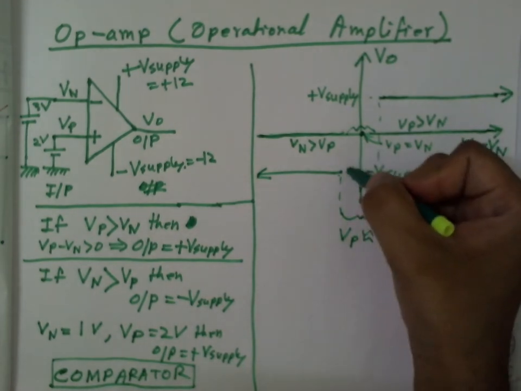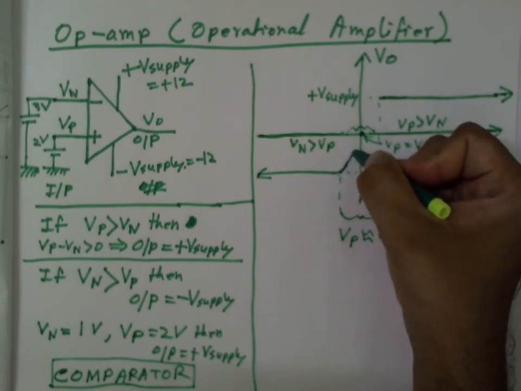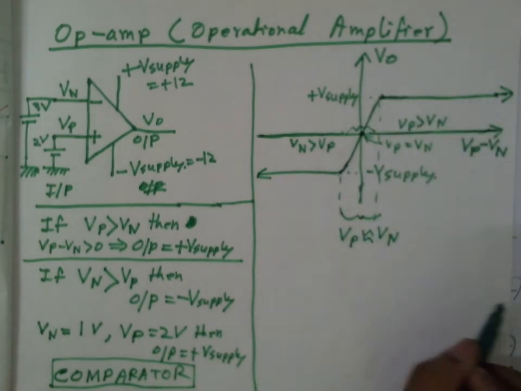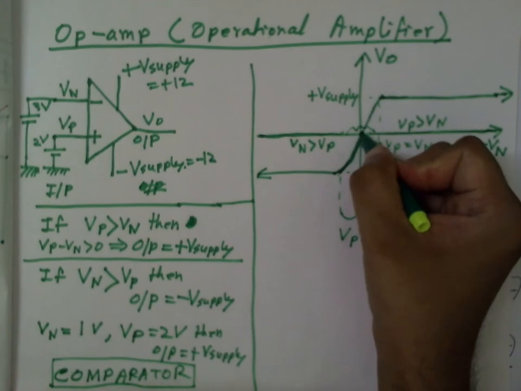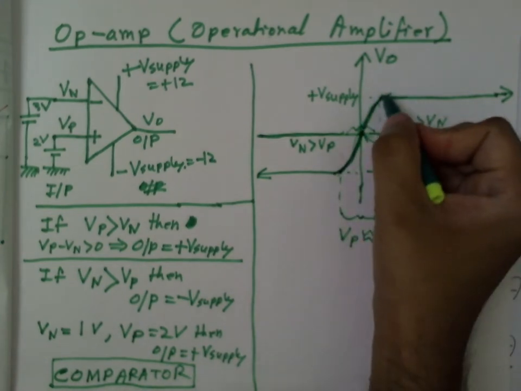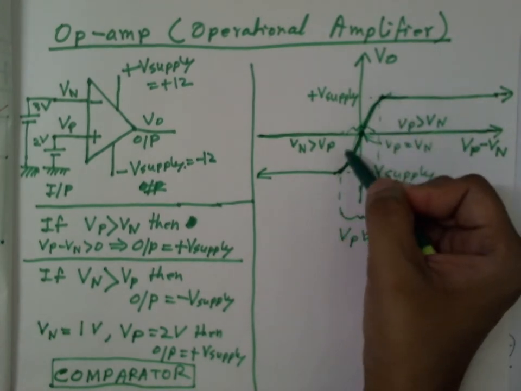Now what happens in this region? In this region, the output voltage increases slowly from the negative value to the positive value, something like this. The exact shape of it is not important, but it slowly, continuously, smoothly increases from here to here.